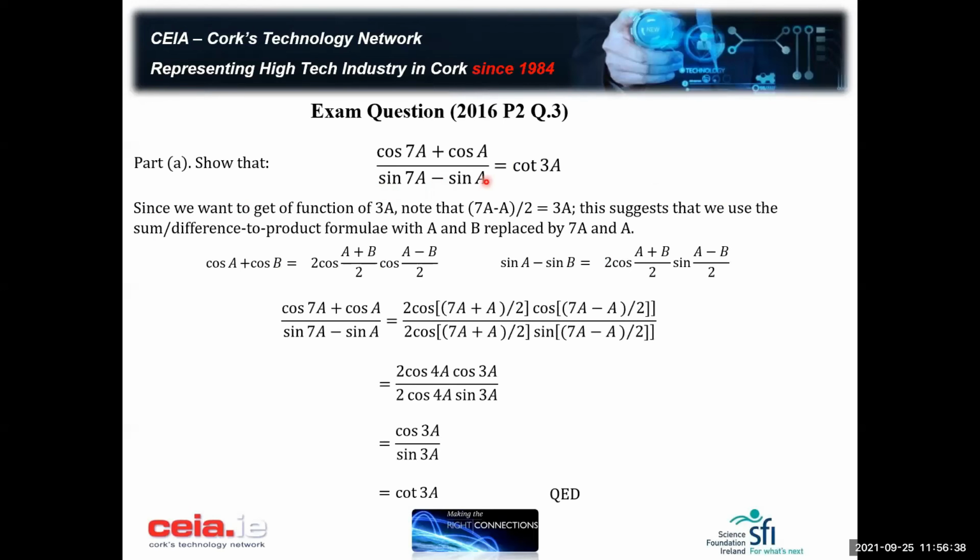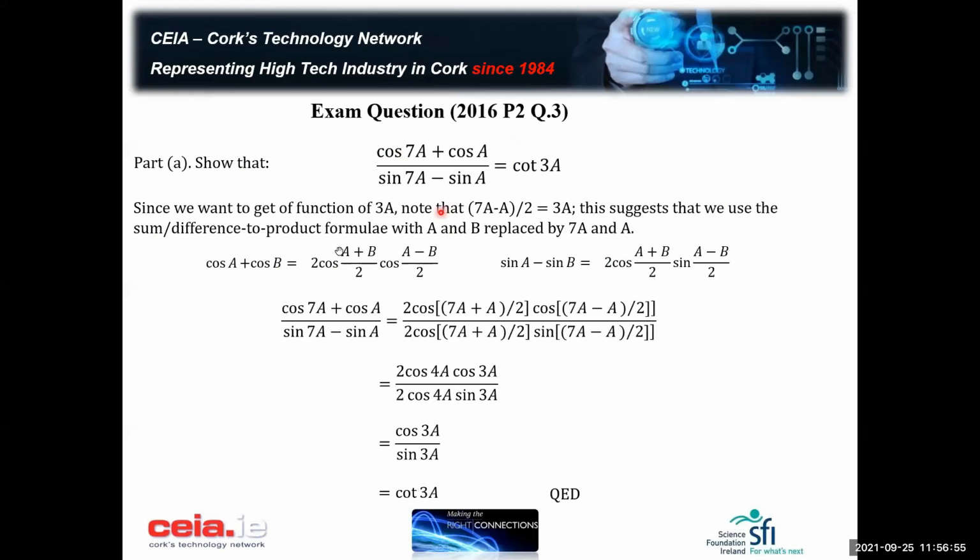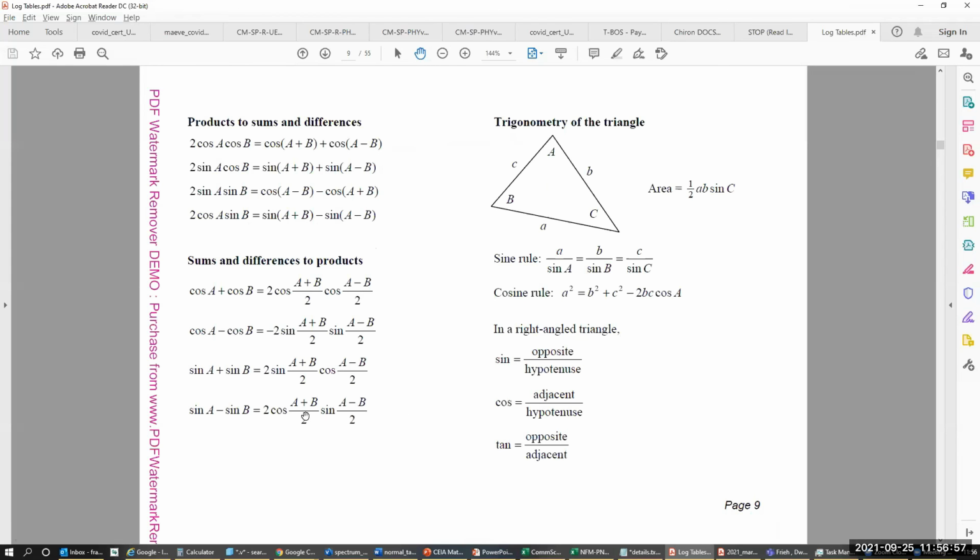And underneath the line, again, you want to get 3a in the result. So you have the sine and you have the 7a and the a here. So again, you'd like to be able to subtract. So it looks like you want the sum of cosines and the difference in sines. Right?